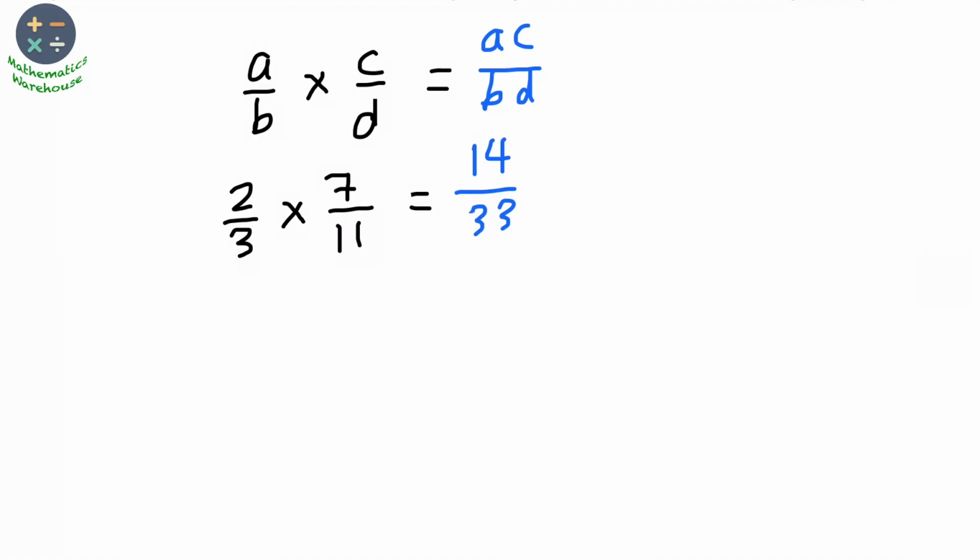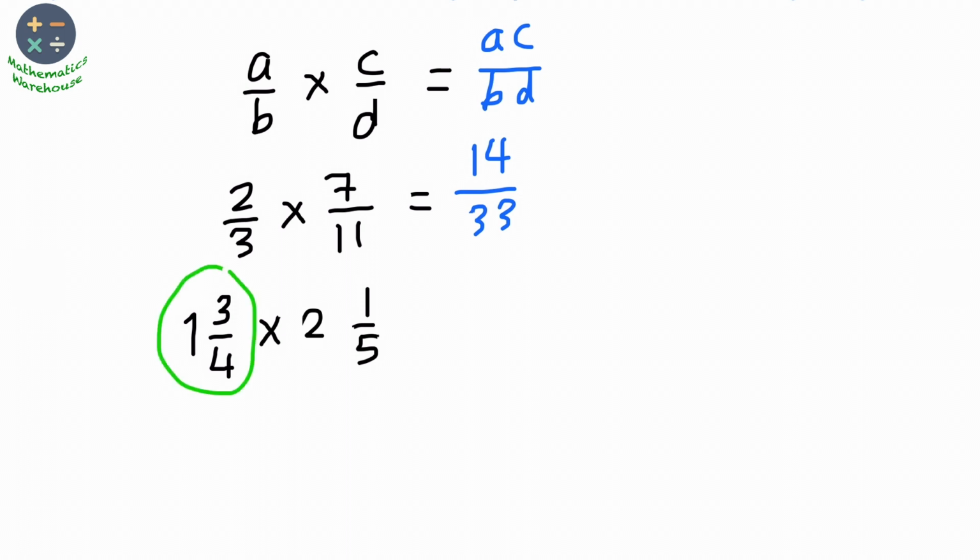To multiply two mixed numbers, you have to convert them first into improper fractions, then multiply numerator by numerator and denominator by denominator. For example, 1 and 3/4 multiplied by 2 and 1/5. First, we need to convert both of them into improper fractions.